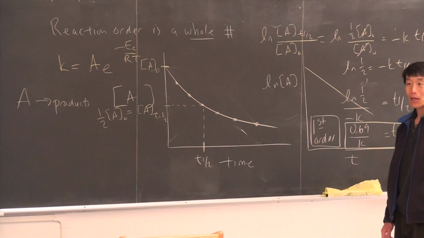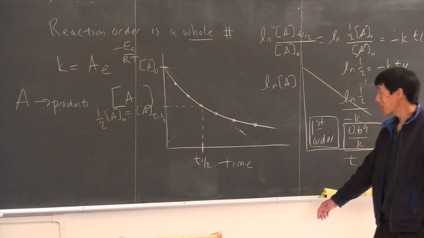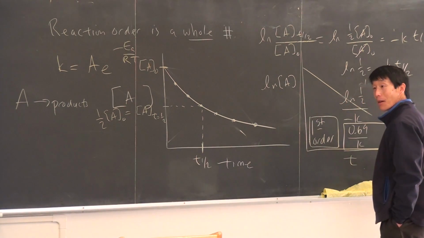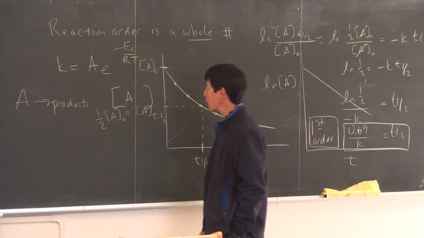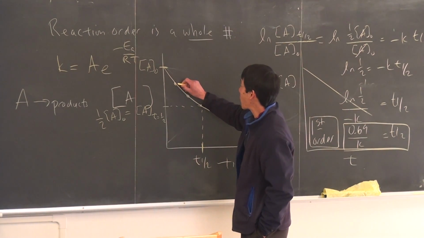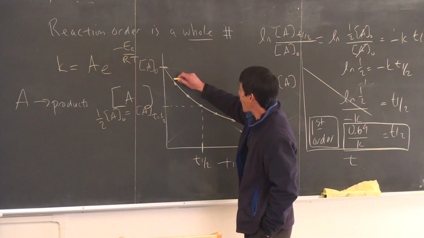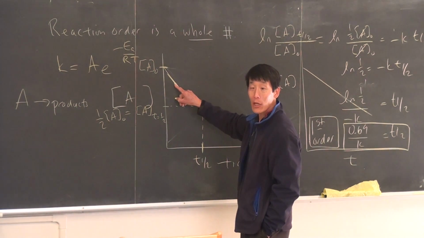That would be the slope. For example, if we draw the slope of the tangent here, that represents the rate at this point in the reaction.